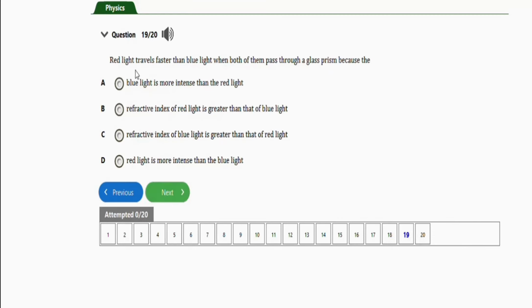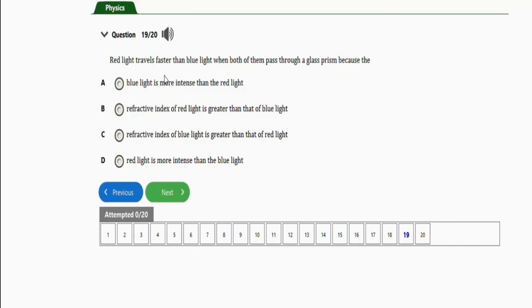Next question will be this one. It says red light travels faster than blue light when both of them pass through a glass prism because the blue light is more intense than the red light, refractive index of red light is greater than that of blue light, refractive index of blue light is greater than that of red light, red light is more intense than the blue light.